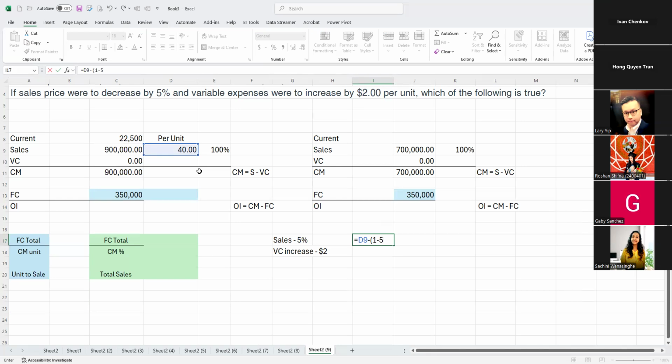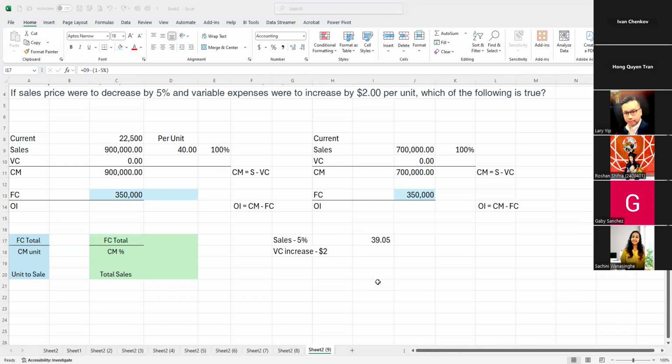Are you with me? Yes. That will be 38. That will be a reduction of 5%. Or 40 times 95%. So that will be the unit price.